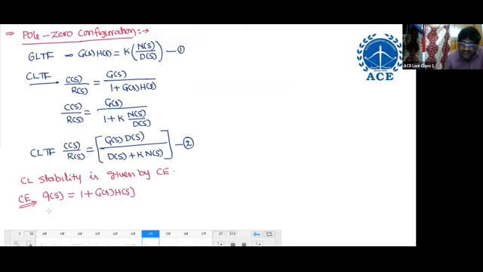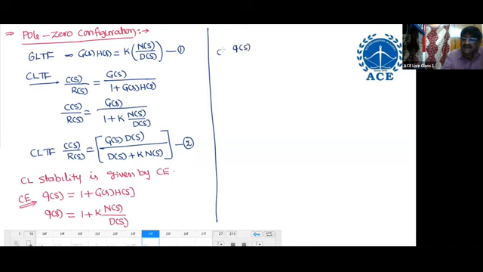Now substitute G(s)H(s): Q(s) equal to 1 plus K N(s) by D(s). So what am I getting? The characteristic equation is D(s) plus K N(s) by D(s). This is equation number 3.